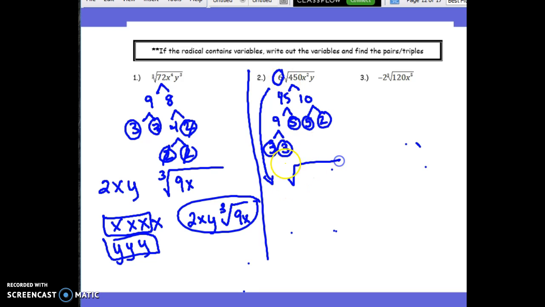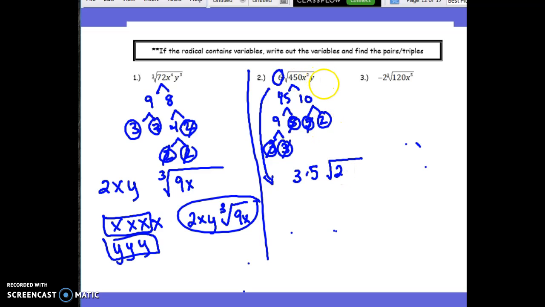Outside of the radical, we're looking for our pairs. So we've got this set of 3, and then we've got a set of 5, so 3 times 5, and underneath the radicand we have a leftover 2.